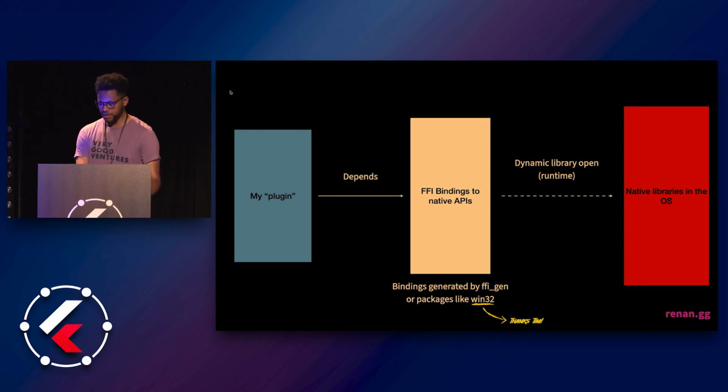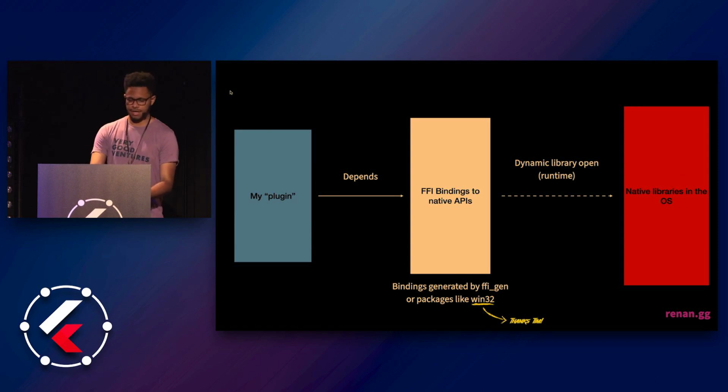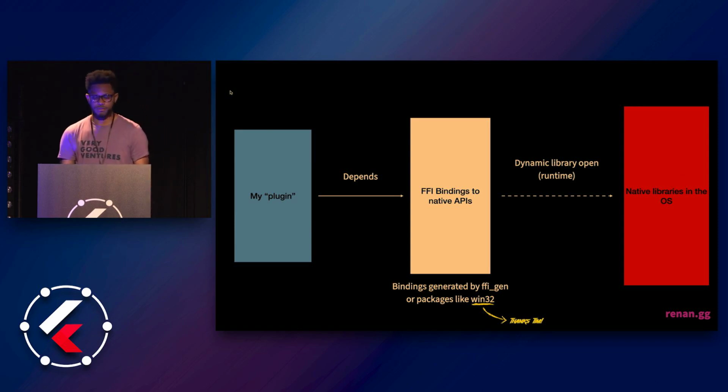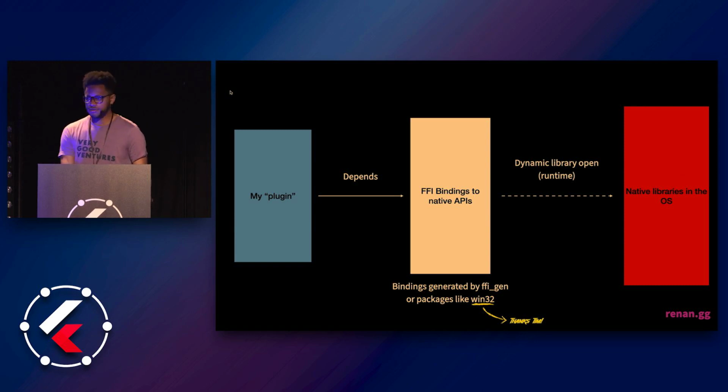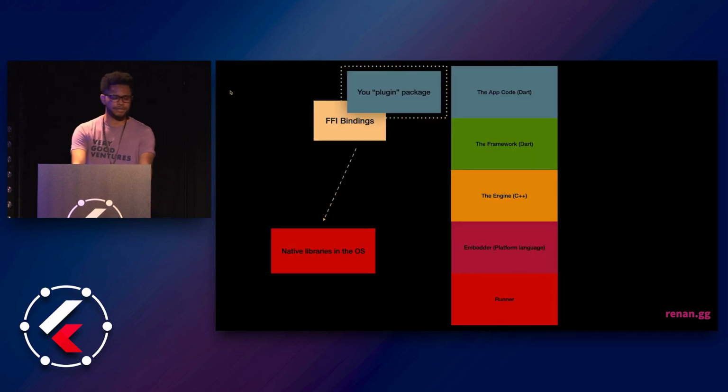And then these bindings can load what we call, this is key in this case, the dynamic libraries, loaded at runtime, and these live in the operating system. So basically, this is how it works.